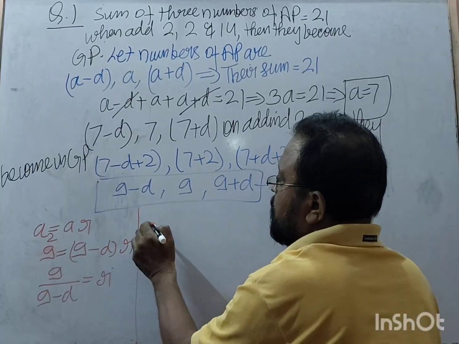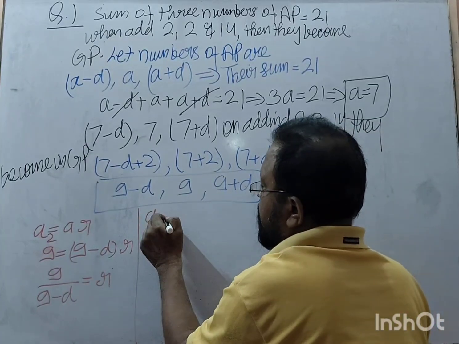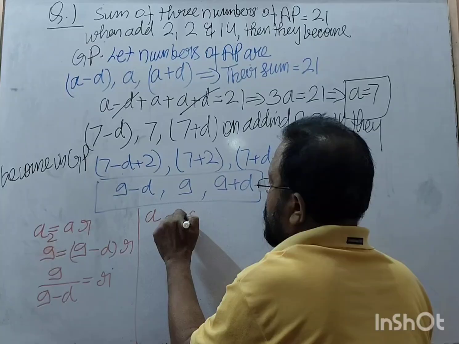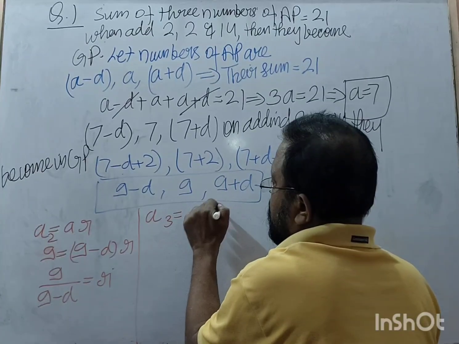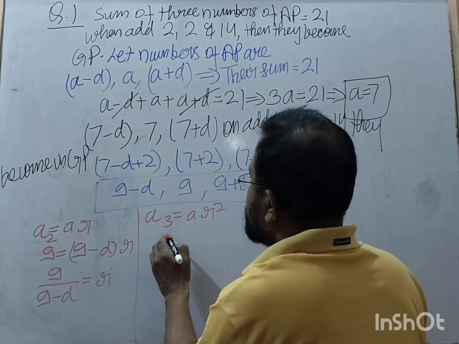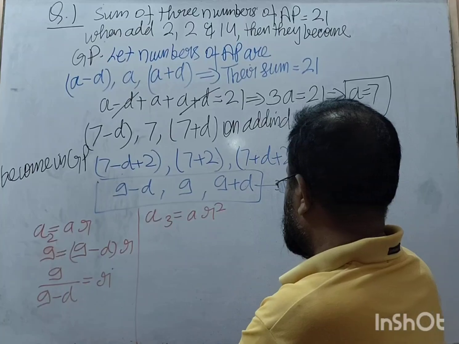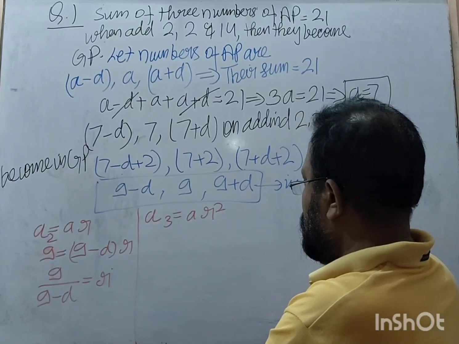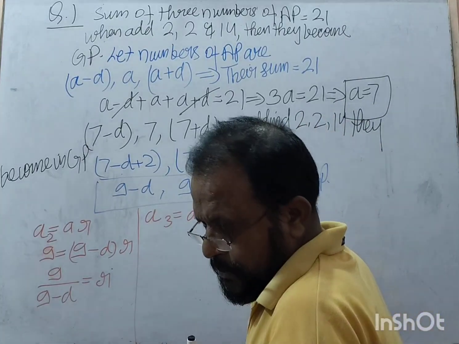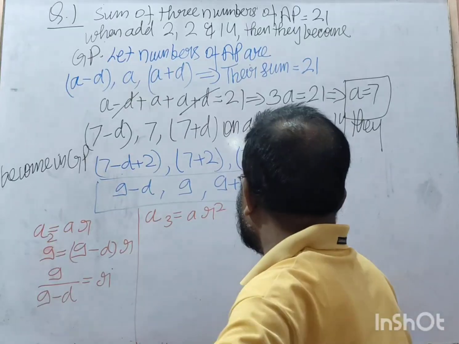Now a3 is equal to a r square. Oh sorry, I made a mistake here.